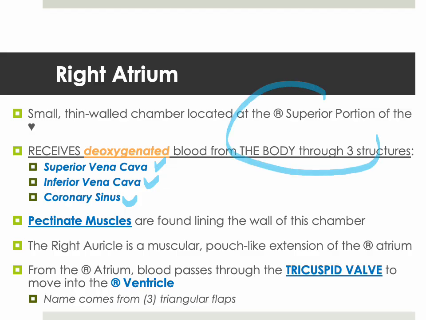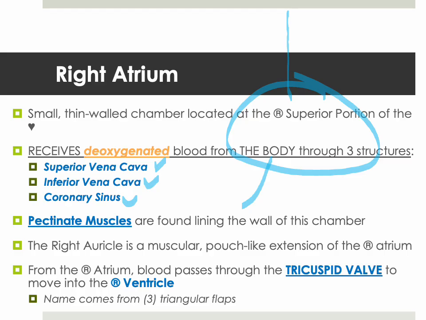So this is the right atrium. We're going to receive blood from the superior vena cava, bringing all the deoxygenated blood from the upper extremities, and then an inferior vena cava that is going to bring deoxygenated blood from the lower portion of our body, okay? Then we're going to have the coronary sinus, and I'm going to use another color so this makes a little bit more sense.